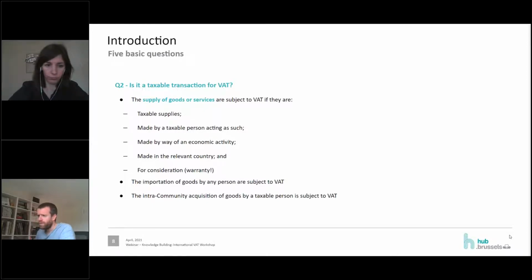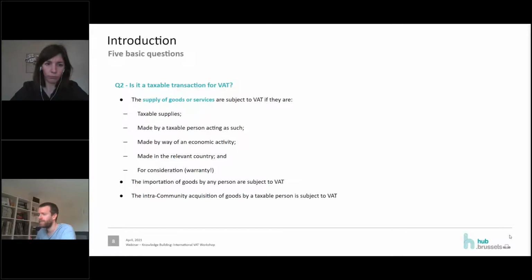So what is important is if you have a supply of goods without transport, well, the rule is that the place for VAT to determine the VAT applicable will be the place where the goods are put at the disposal of the customer. If it's a supply of goods with transport, important is to see where the transport begins, or where the goods are actually installed or assembled.